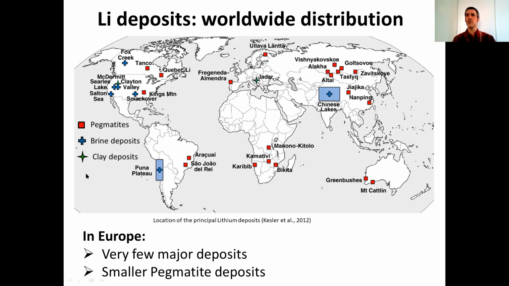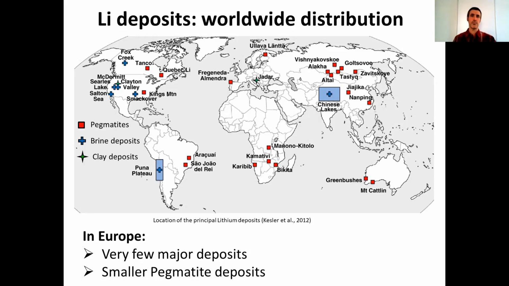Basically, what you can see on this map is that the major deposits are actually pegmatite deposits. There are also quite big brine deposits, especially in China and more importantly in South America. And finally, clay deposits are quite few in North America and here in Europe.